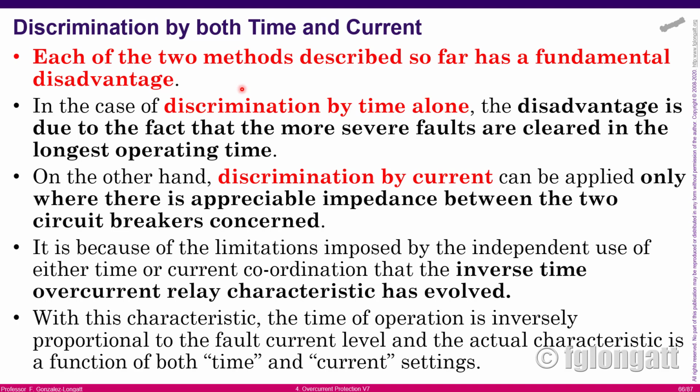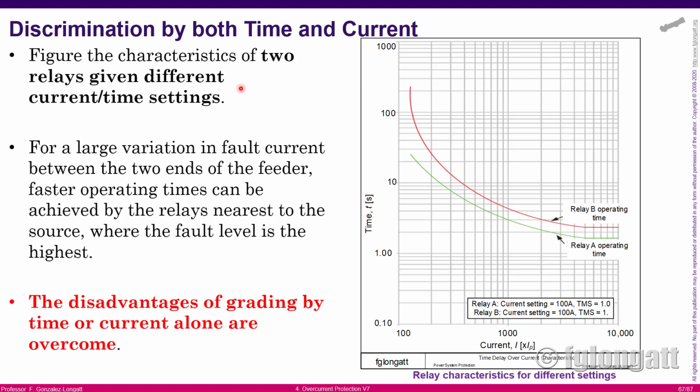What if we start to play with the curve and make settings that let us modify time and current? To be honest, the disadvantages of time and current discrimination can be overcome if we start to move the time current characteristic.